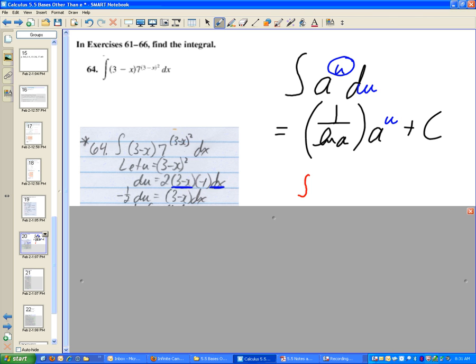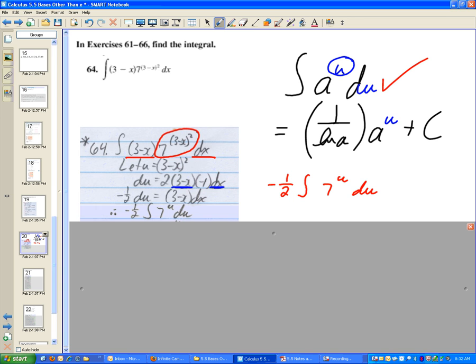All right. So this can be 7 to the u, and then this can be negative 1/2 du. And it fits that form, doesn't it? Okay, so let's go ahead and make that substitution.